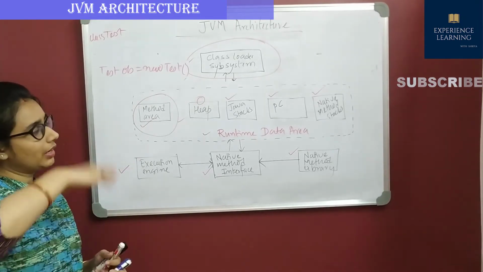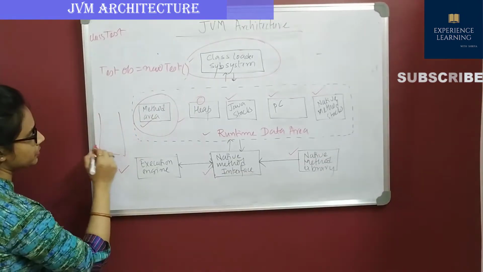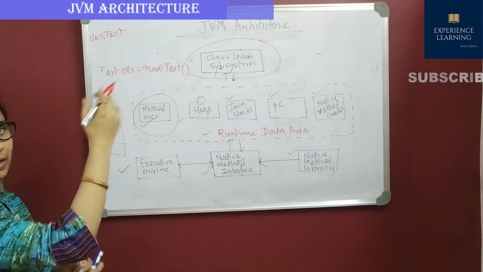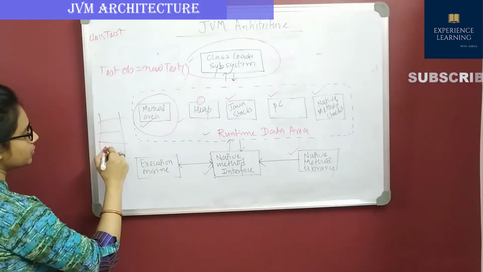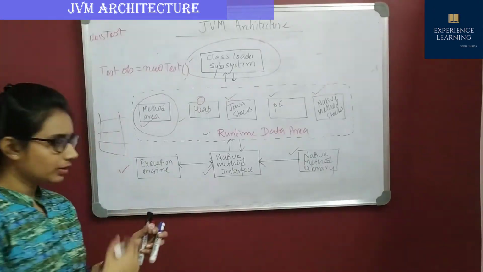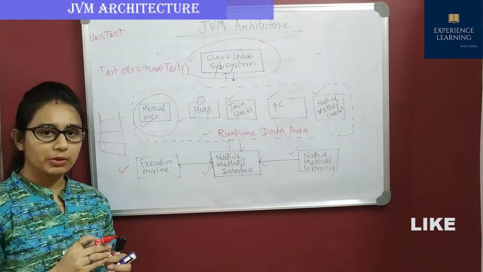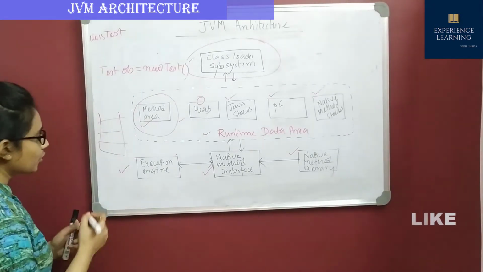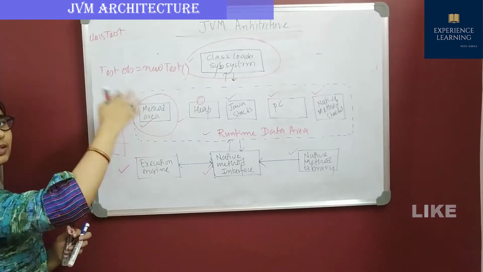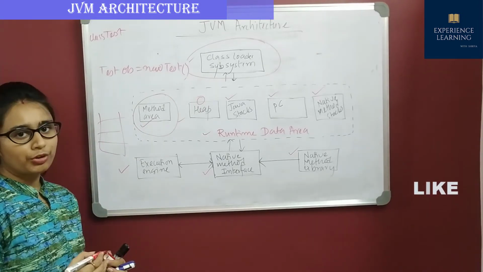The stack is divided into multiple frames, and for each frame one method can be loaded. One method can call another method, or 2 or 3 methods. According to this, they are loaded in the stack, and when a method completes, it is popped out from the stack.